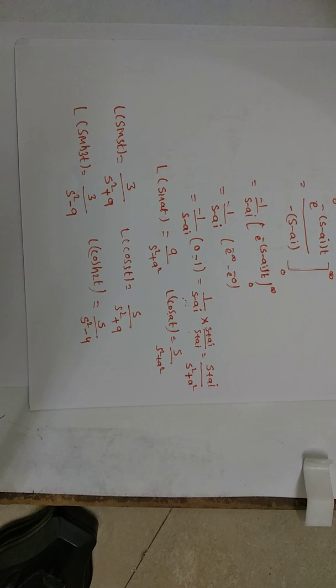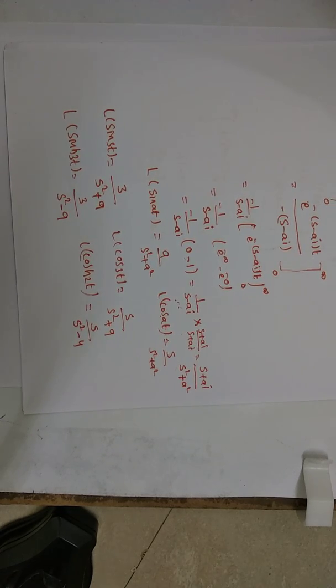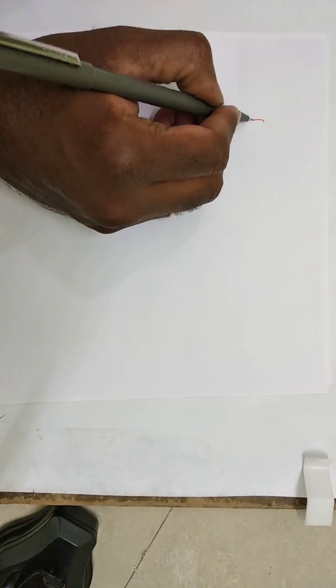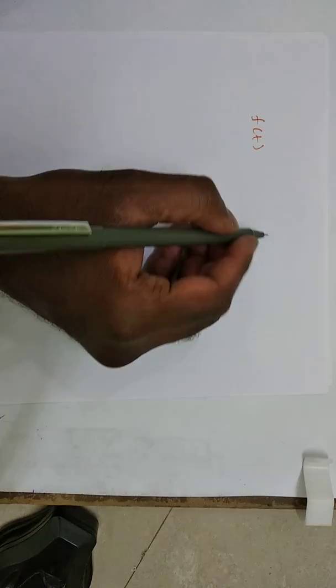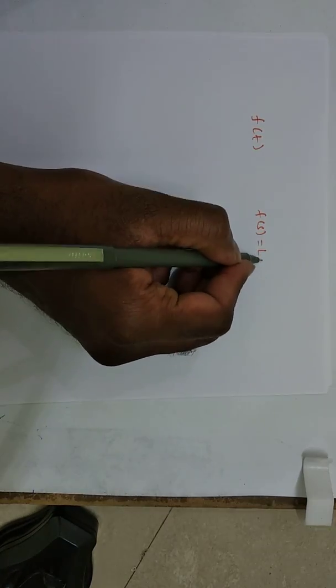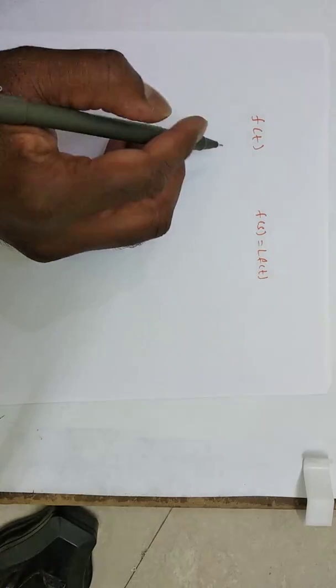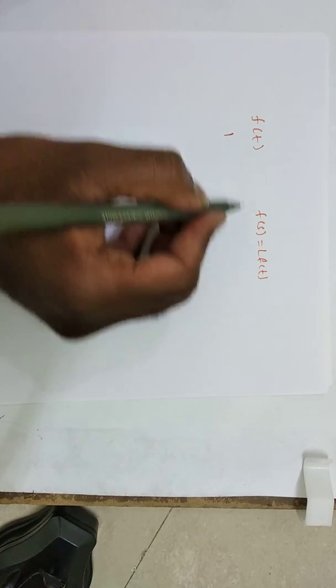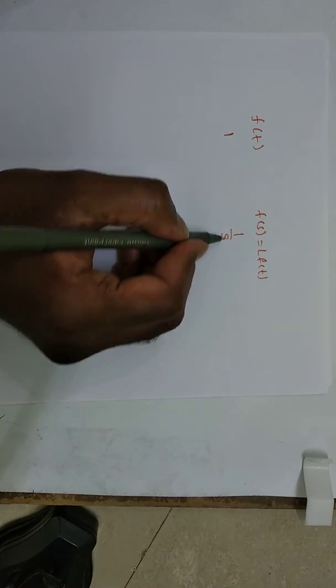So from this, all the formulas we have done are very important. Now we will list all the formulas once again. Consider the right side f(t) and the left side F(s), where F(s) means L of f(t). If f(t) is 1, L of 1 is 1 by s.